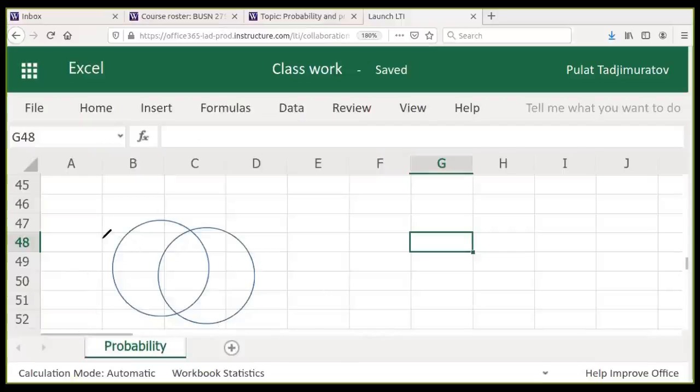This circle to the left. The circle to the right is all the numbers which are more than 4. And this part in between, this intersection, are the numbers which are even and more than 4 at the same time.